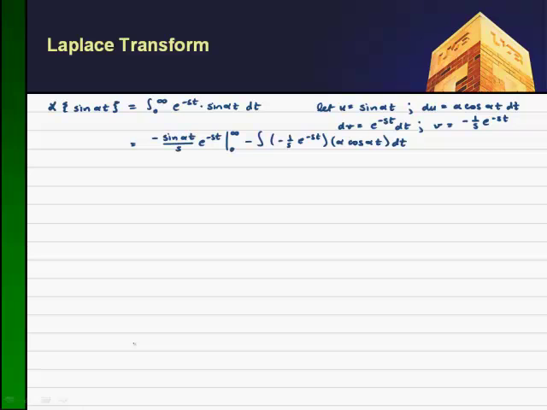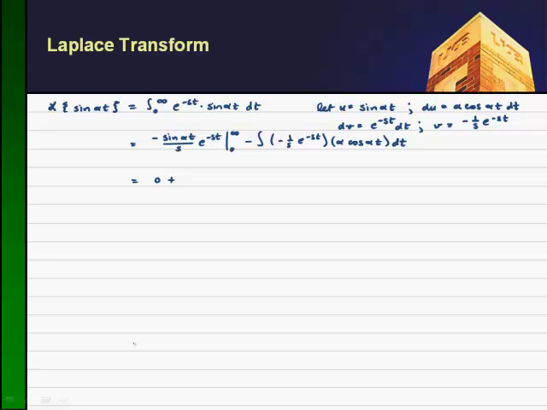So let's evaluate this first part. At the upper limit, the sine is oscillating, but this exponential, as t gets really large, decays to 0, minus this minus sine of 0 over s.